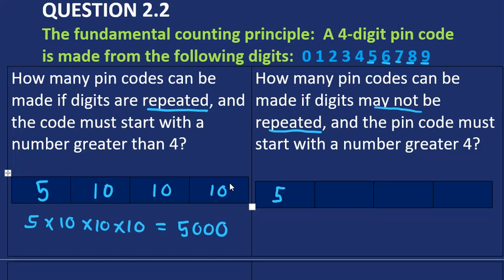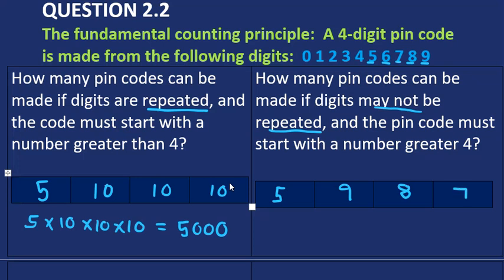the pin code needs to start with a number that is greater than 4, of which we've got 5 options. Now, because these digits may not be repeated, remember you've chosen one number. We don't know which one it is, but you've chosen one, and that means you're now left with 9 options. And then you've already chosen 2 numbers, you're left with 8 options. And then finally you're left with 7 options.